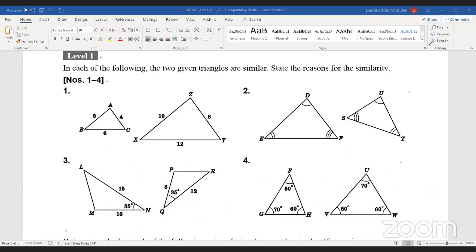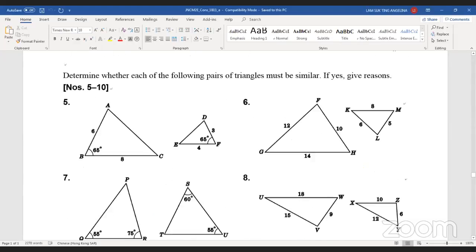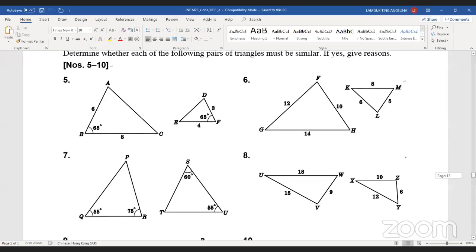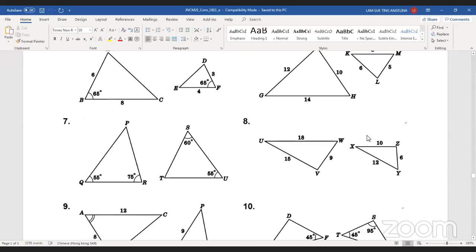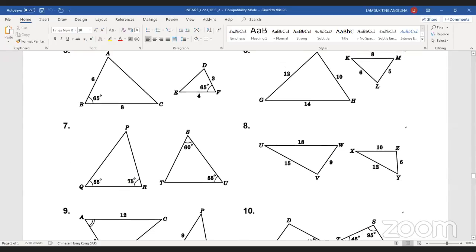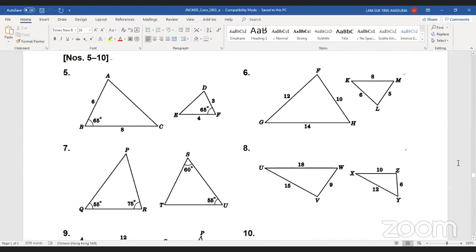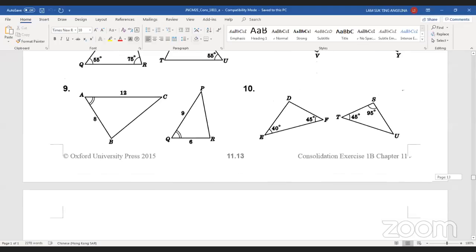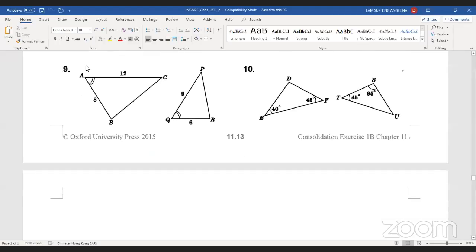Now I think I may quickly do one more. I don't do number four. Number 4 is just AAA. Say number 9, we may just do more or less the same.